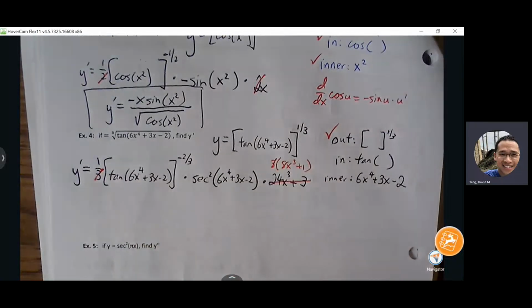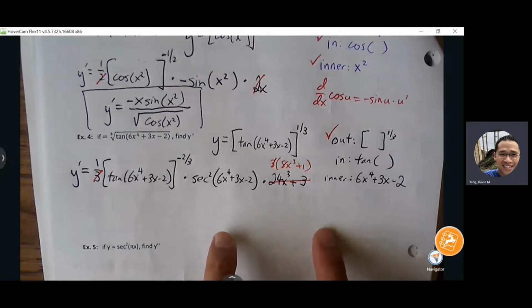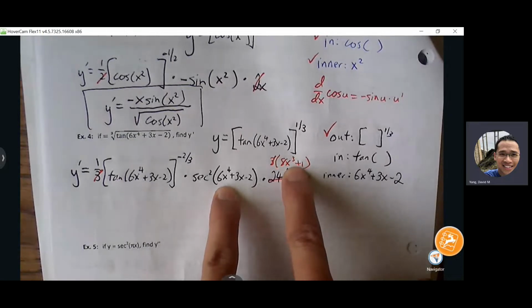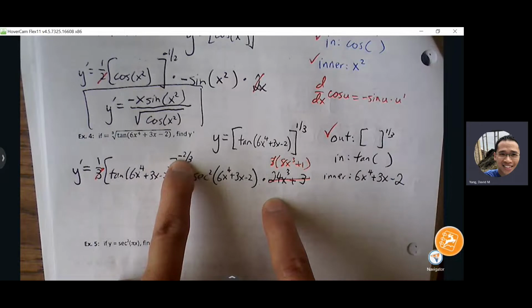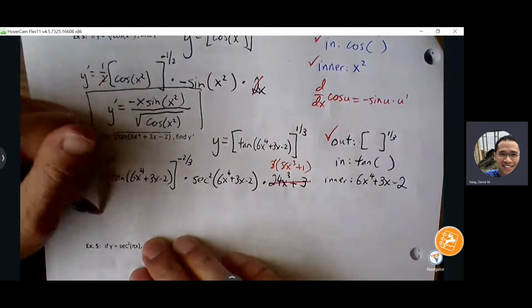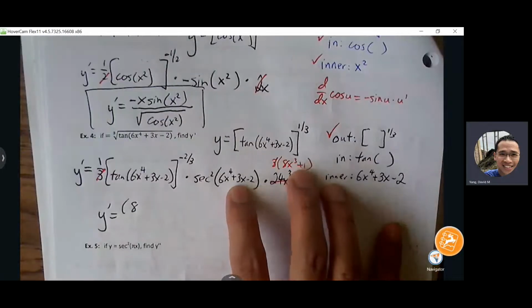I know they're really far apart, but they're all being multiplied and divided, so I can just reach across and see what can reduce. So here's my merging process. I can put the numerators together, and I can push this tangent down to the denominator because of the negative exponent. The order of the numerator doesn't matter.